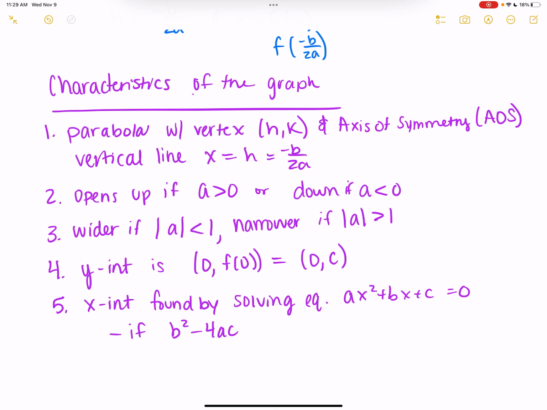If b squared minus 4ac happens to be greater than 0, then the x-intercepts are, and I say are because there would be two of them, minus b plus or minus the square root of b squared minus 4ac all over 2a, and then 0. The plus or minus is why there's 2.